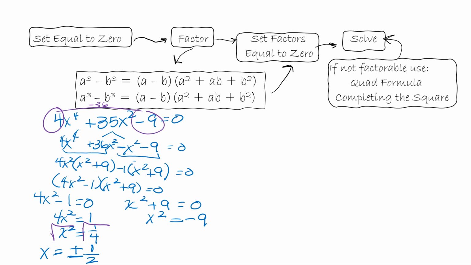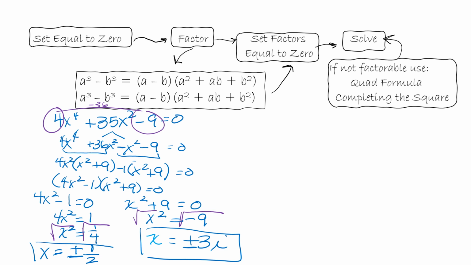And if I take the square root of both sides here, okay, square root of negative 1 is i. And then the square root of 9 is 3. So x is going to equal positive or negative 3i. So there are my 4 zeros.